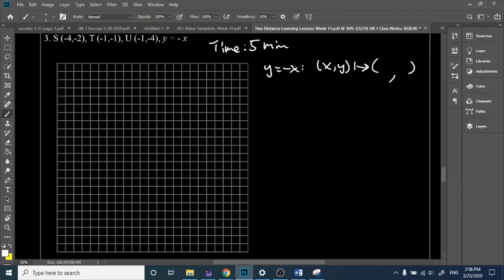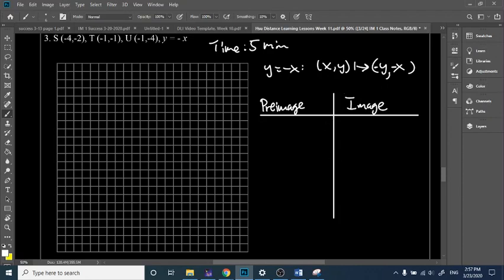So this is one of those y equals things. So x and y are going to change, but you have that negative, so remember that's going to make this a negative. If you need to, pause and look back at the thing. Pre-image, image. Okay, so we have 3 points now. And here are the prime versions.